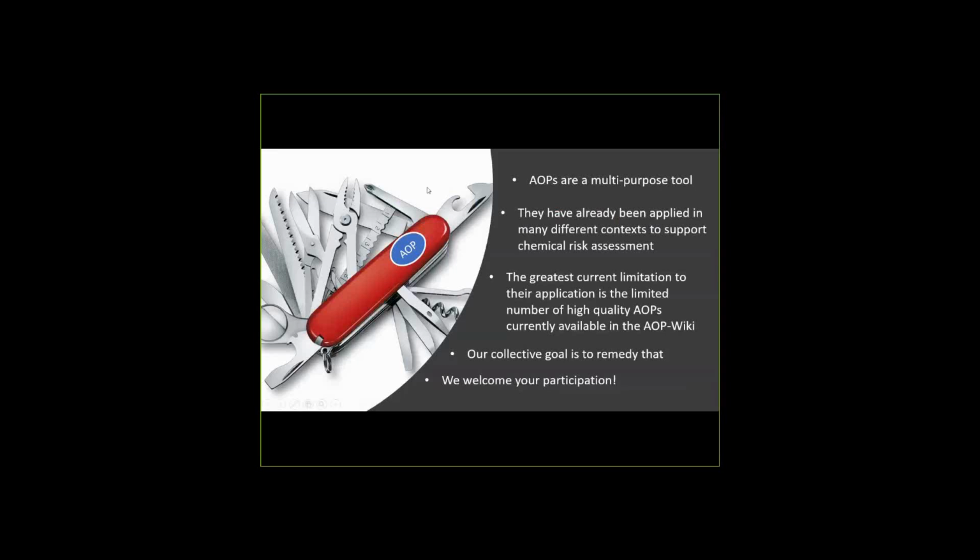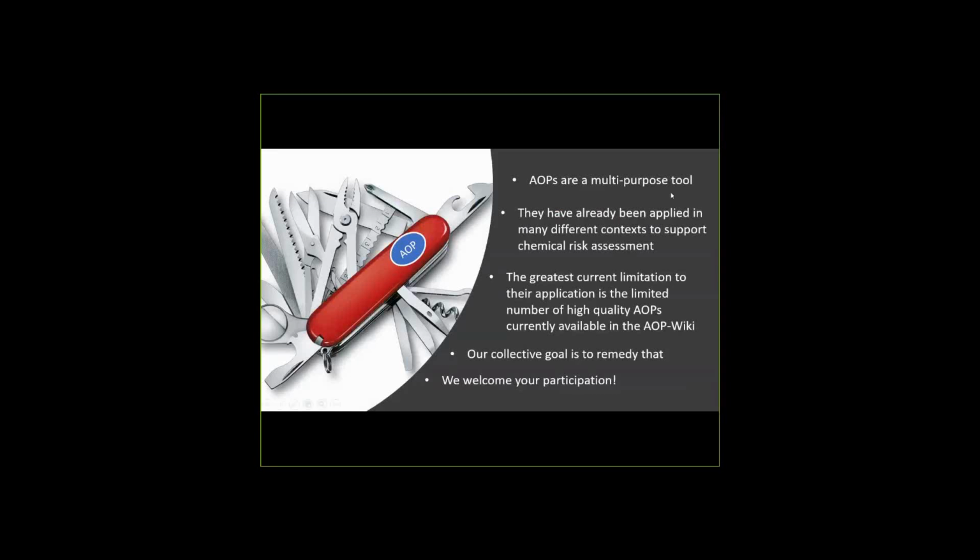So overall, again, these were just a couple examples of how adverse outcome pathways have been applied to date. There's lots of different ways that people can use these, and through interactions at meetings and so on, we're amazed, I think, at the variety of different applications that people are finding for using this kind of organized knowledge.